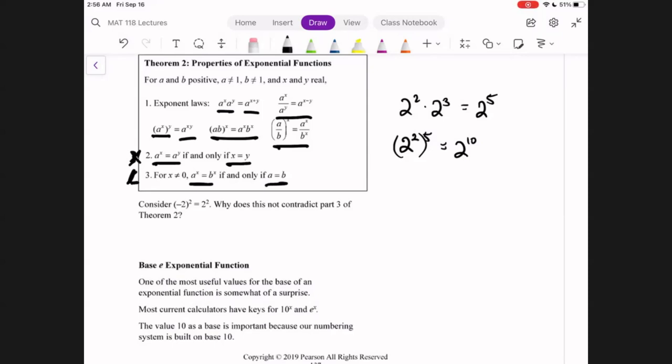So you want to think, when do these apply? All these work for any positive number, and they can't be 1. If they're 1, it makes some of these invalid, okay?